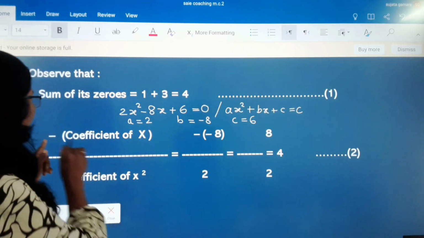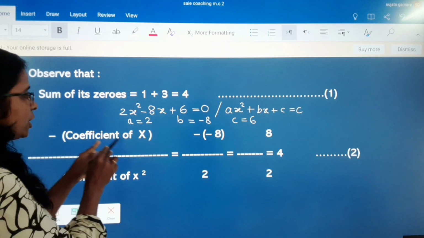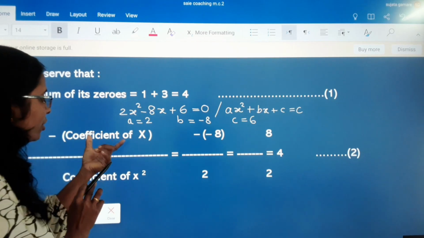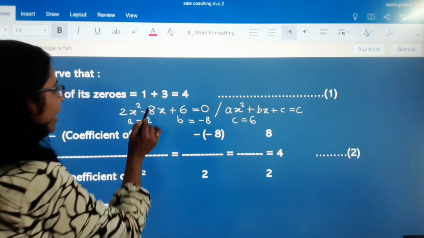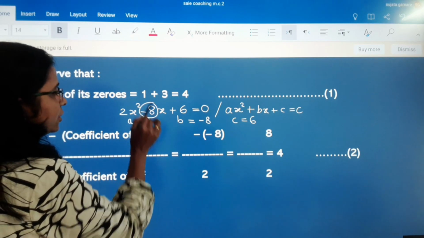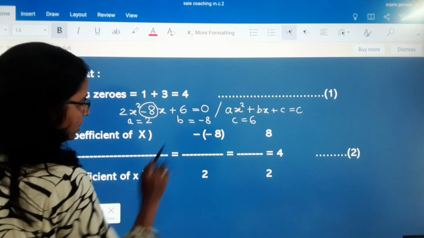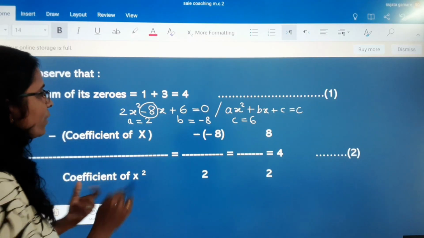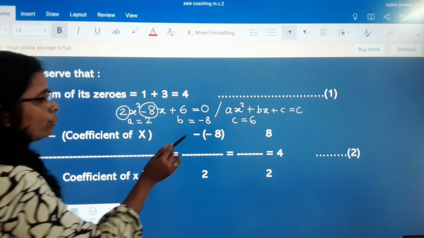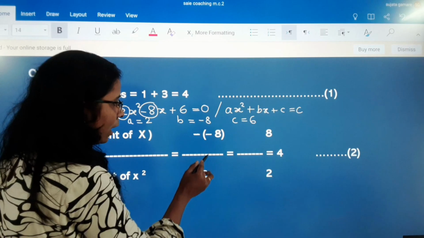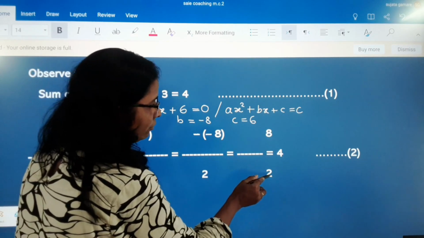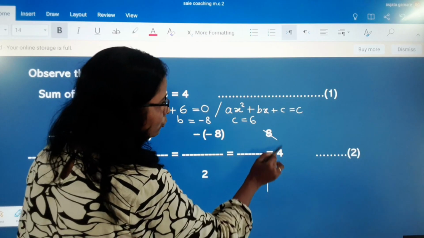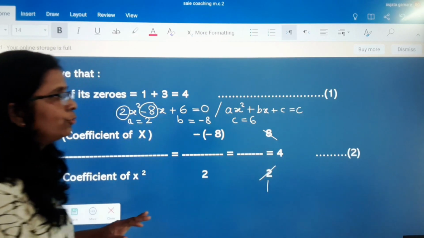Now here minus, that is the coefficient of x. Now the coefficient of x is, see the coefficient of x, that is minus 8. So here minus of minus 8 and coefficient of x square, that is 2. So minus of minus 8 upon 2, that means plus 8 upon 2, which is that 2 4s are 8. So our value is 4.